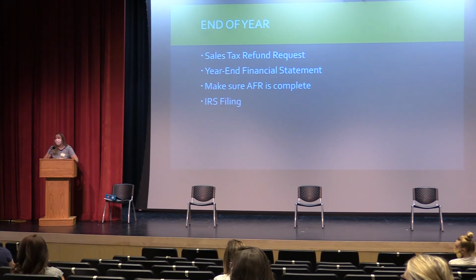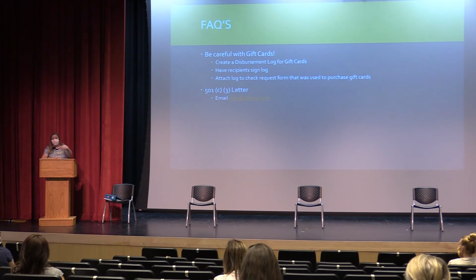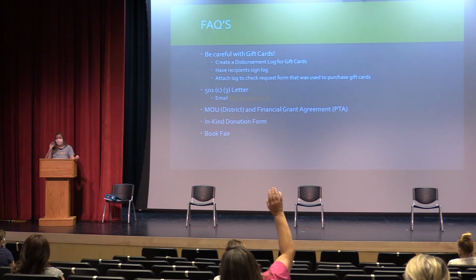Yeah? I just have a question on this. Was there a place where the president and the treasurer signed them? Not on the reconciliation in the treasurer's report, no. But it would be in your minutes that your treasurer reported and that everything was correct.